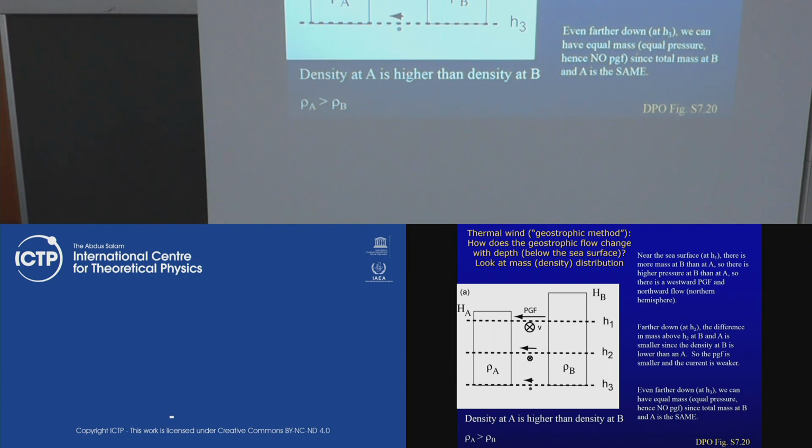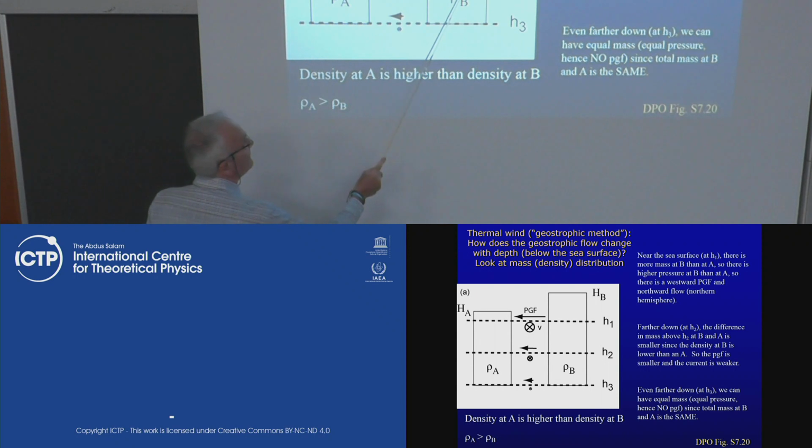So the pressure gradient force is acting from B to A, and as a consequence we have the geostrophic velocity going into the board, and it's proportional, obviously, to the horizontal pressure gradient due to the difference in density.